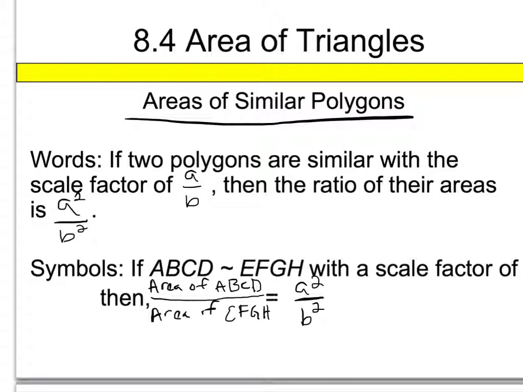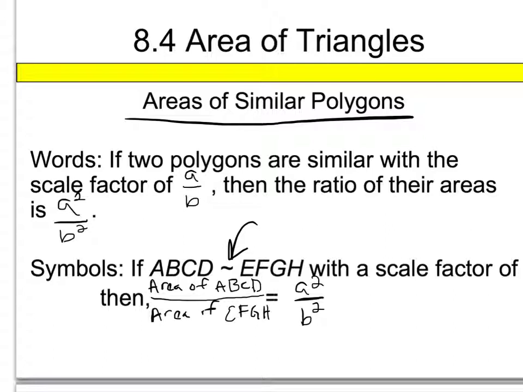Okay, so in other words, if you look at that, polygon ABCD is similar, and we know that's similar because it has that wonderful similarity symbol, ABCD is similar to polygon EFGH with a scale factor.